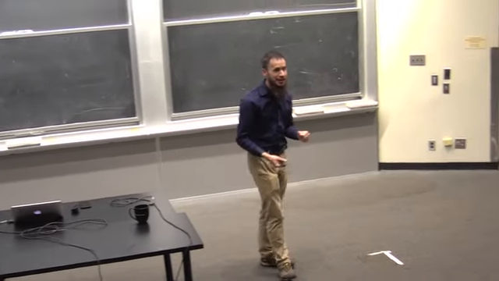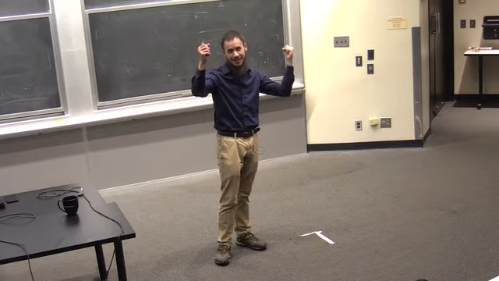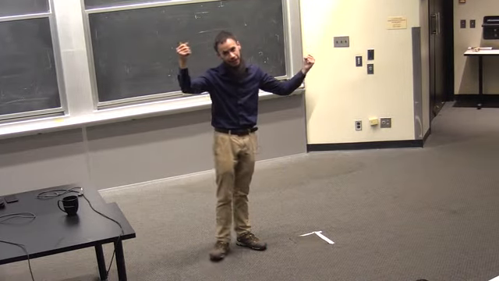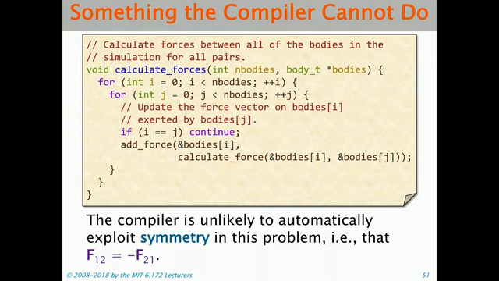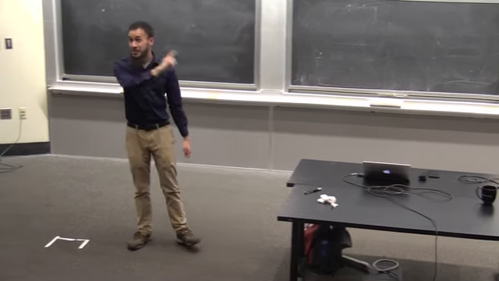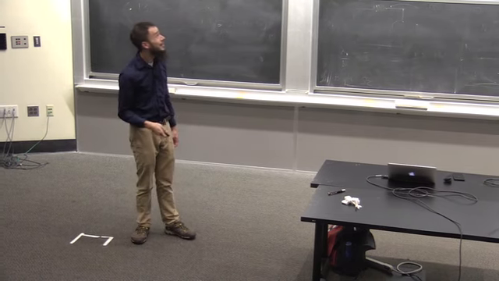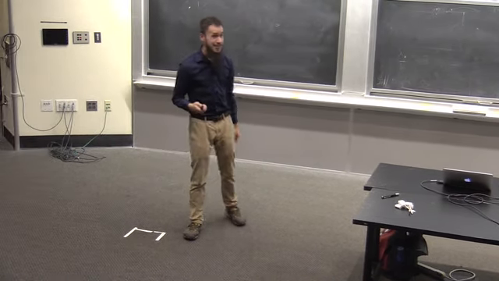And it turns out that the force acting on one body by another is exactly opposite the force acting on the other body by the one. So f of 1, 2 is equal to minus f of 2, 1. The compiler will not figure that out. The compiler knows algebra. It doesn't know physics. So it won't be able to figure out that there's symmetry in this problem, and it can avoid wasted operations. Make sense?